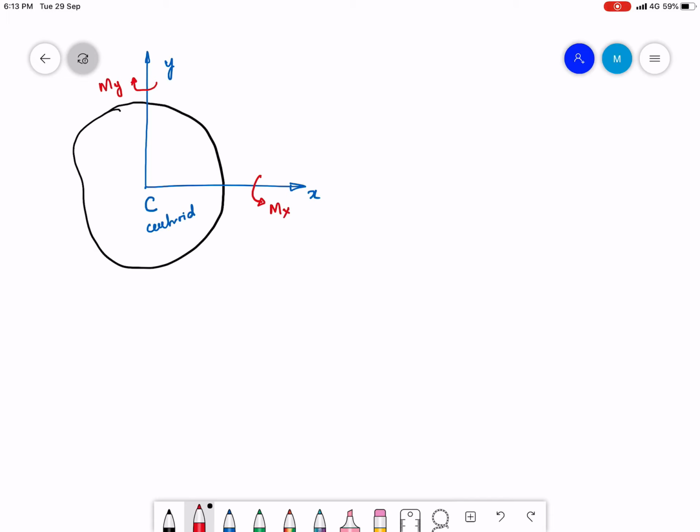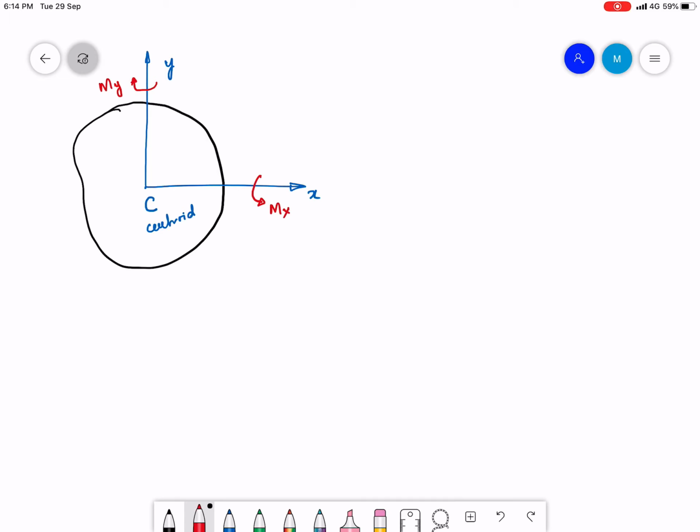I want to keep the cross section clean. Now see, in the case of unidirectional bending, we presumed that the neutral axis passes through the centroid of the cross section. However, for bidirectional bending of an arbitrary cross section, we cannot make the assumption beforehand. So let us first consider that the neutral axis need not pass through the centroid.